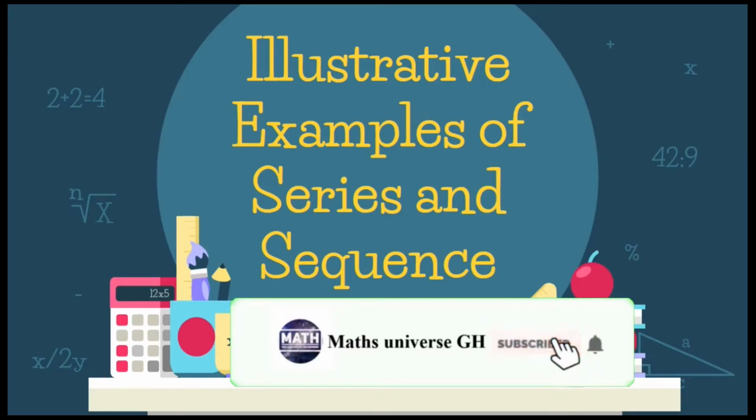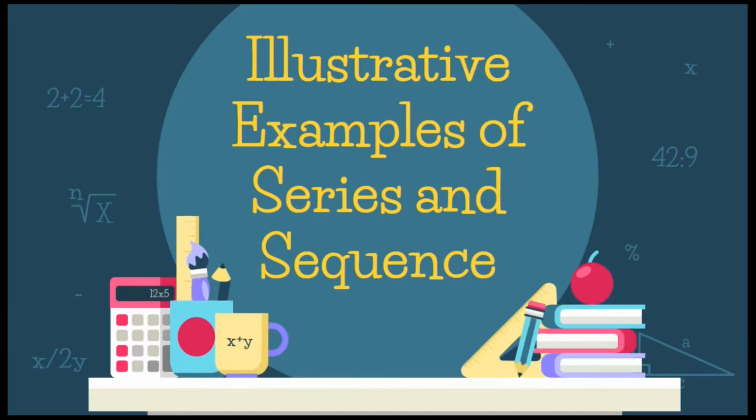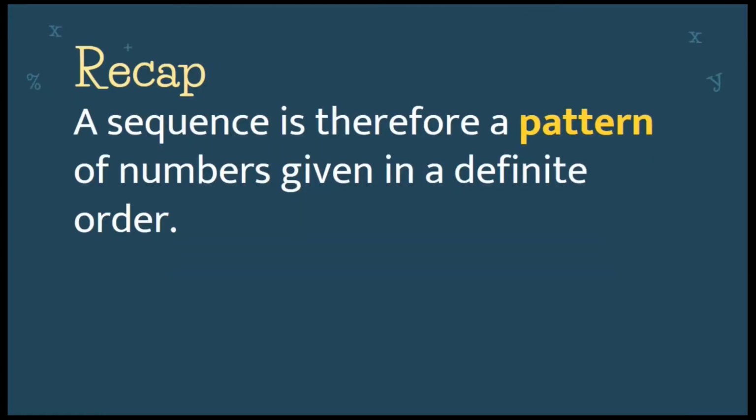We are continuing our discussion on series and sequence. In today's lesson, we want to look at more illustrative examples on series and sequence. In our previous discussion, we discussed that a sequence is a pattern of numbers given in a definite order.